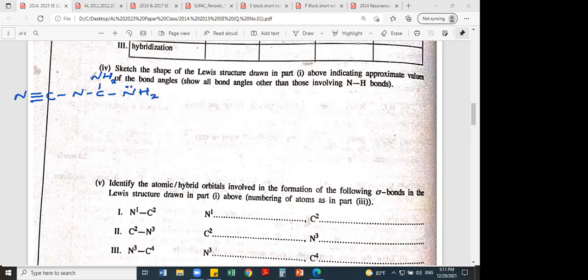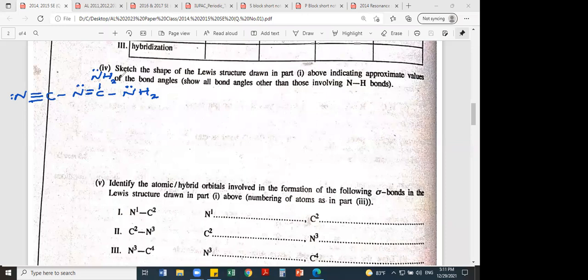So here you have a lone pair, and here a lone pair, and here a lone pair, and here a lone pair. This is what we have done under part 1, the most stable Lewis structure for this, and there's a double bond here. So this one we have already discussed.